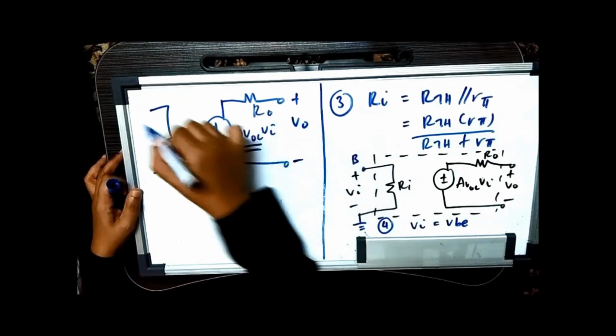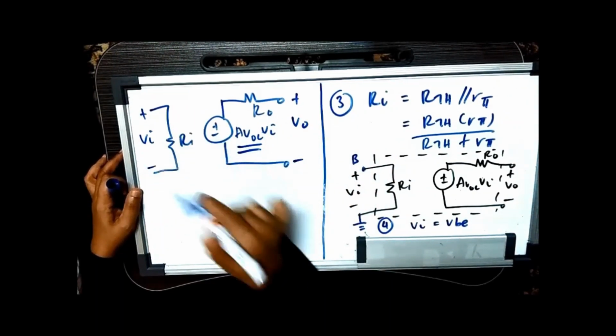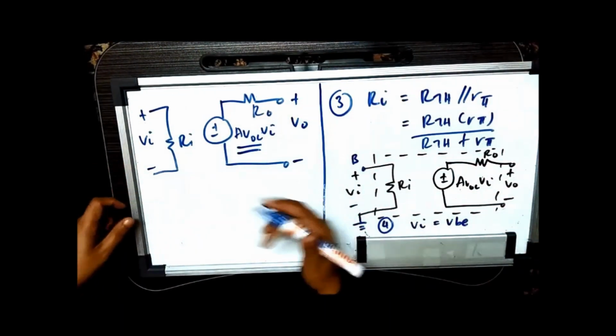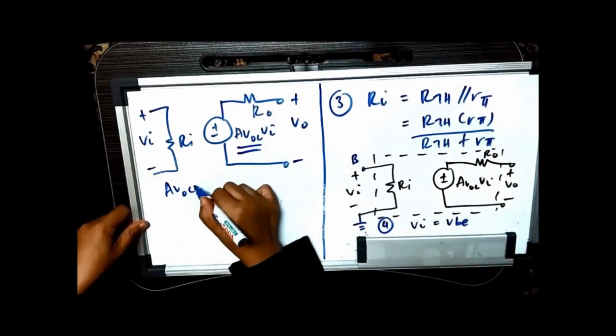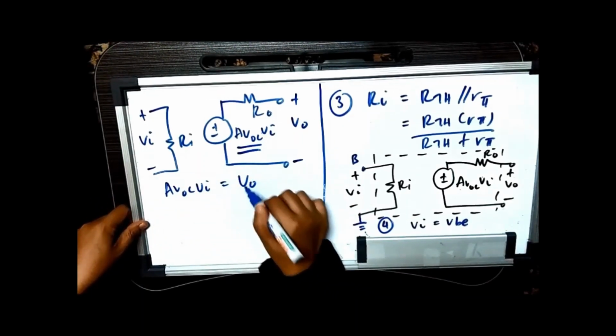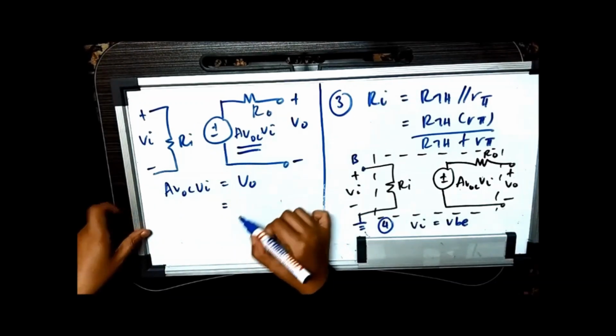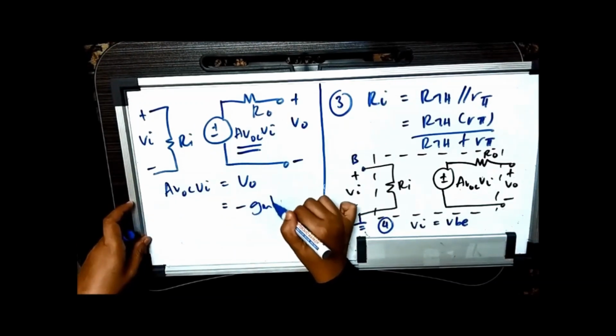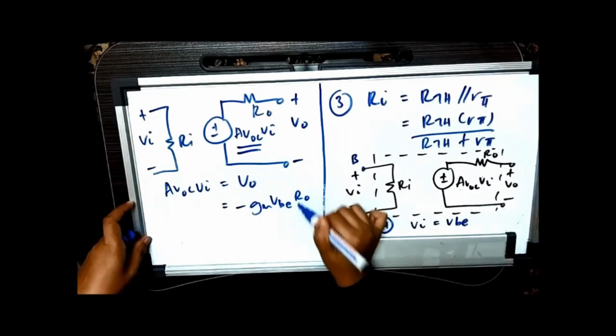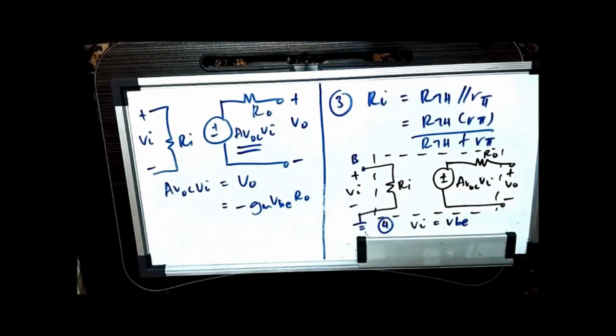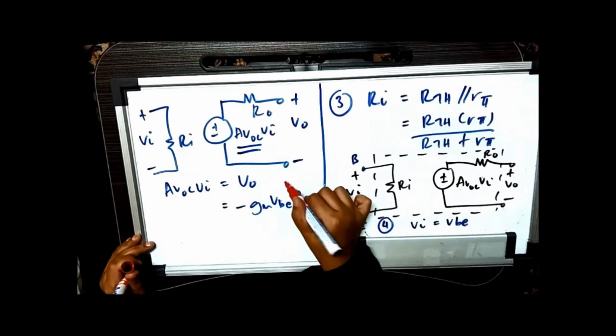This is my Vout and this is my Vin. Because there is no load, Avoc·Vi is equivalent to Vout. This is from your chapter 1. Your Vout is equivalent to minus gm·vbe·ro, from step number 2.